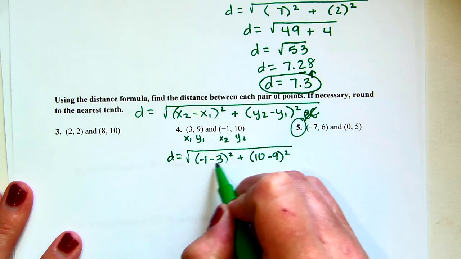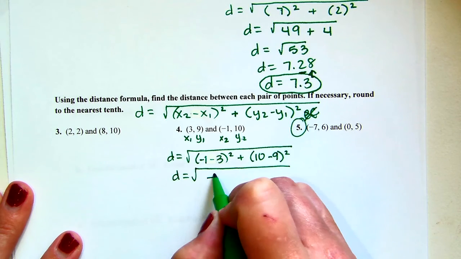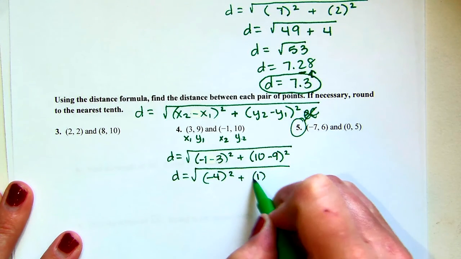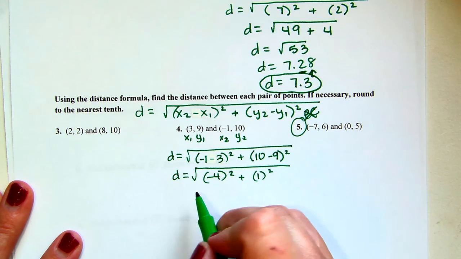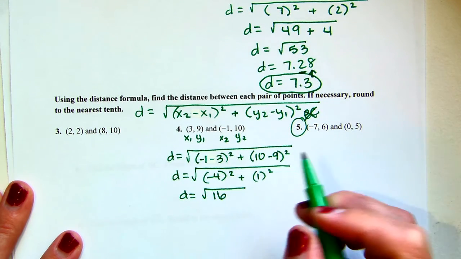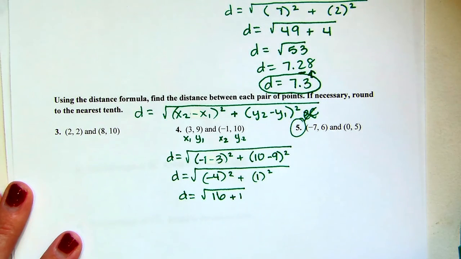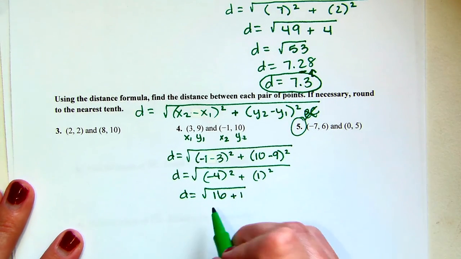So I'm going to get d is equal to the square root of negative 4 squared plus 10 minus 9, that's 1 squared. Negative 4 squared is negative 4 times negative 4, so that gives us 16. 1 squared is 1 times 1, which is 1. Next, d is equal to the square root of 16 plus 1, which happens to give us 17.